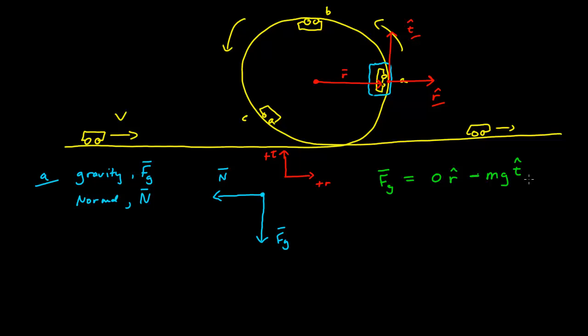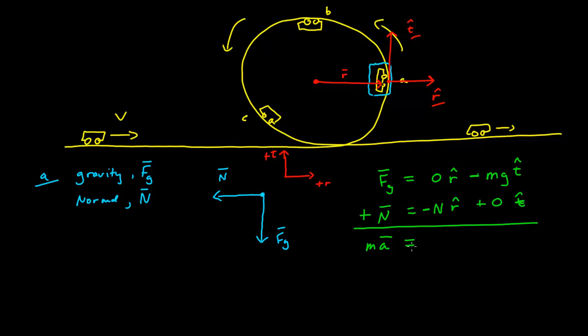There is no component of forces in and out of the screen, so no component along the z-axis. I'm just going to leave that off for now. Then I have the normal force, which has the entirety of its magnitude radially, and from the diagram it is pointing along the negative r-axis, and it has 0 component tangential to the circle. Just like before, I sum my forces, and that is equal to the mass of the car times the acceleration.